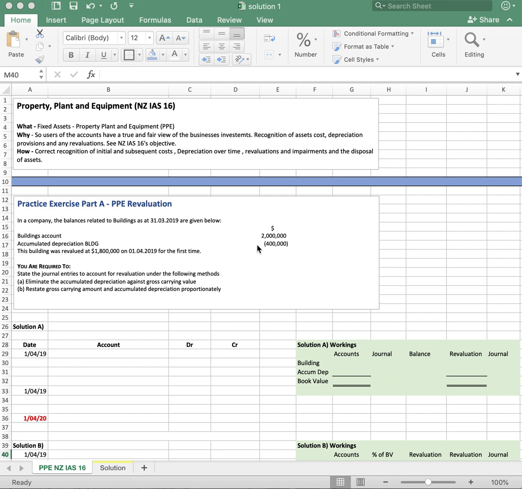Just bear in mind that larger organisations might have two depreciation schedules, one for tax purposes and one basically giving what they see as a true and fair view of the fixed assets.